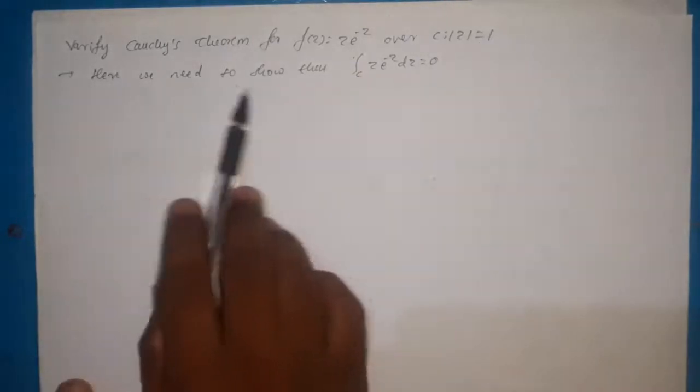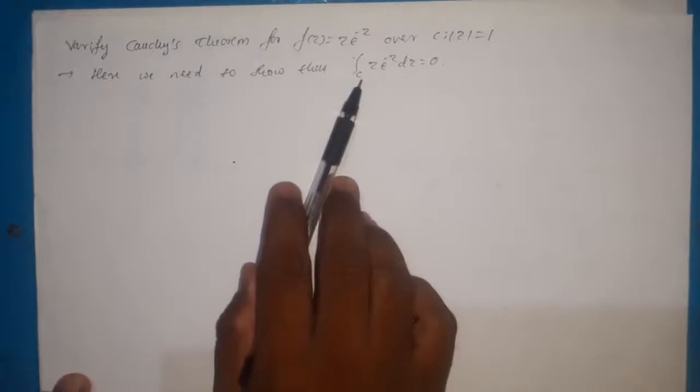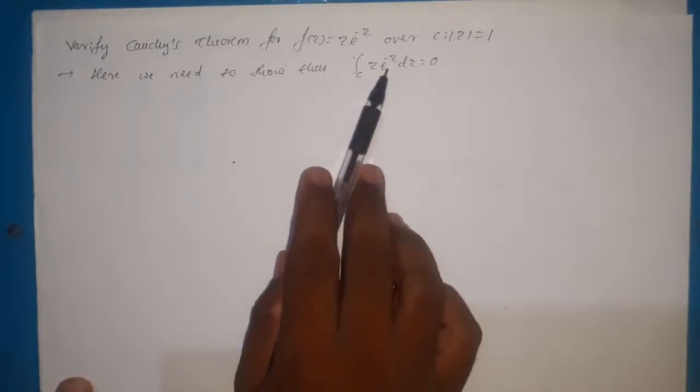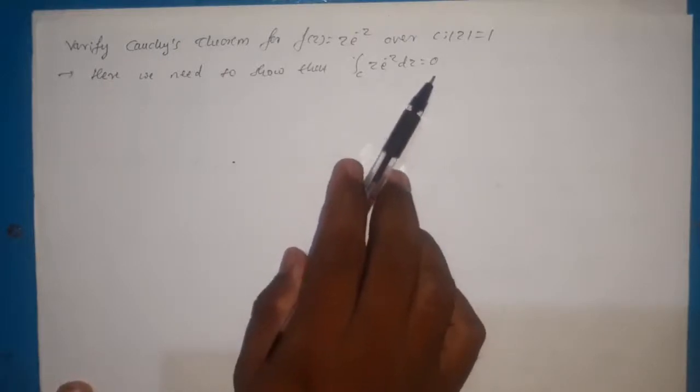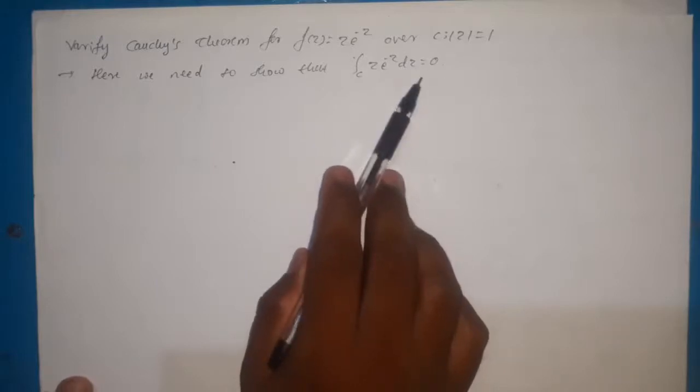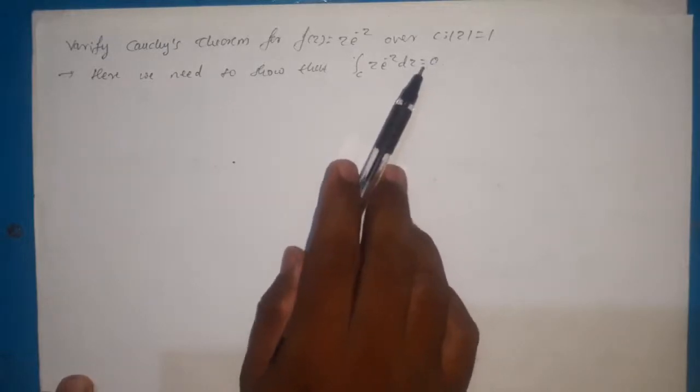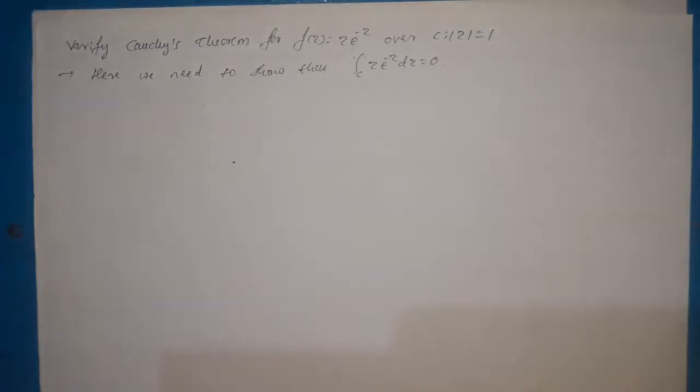So here we need to show that the integration over C of z e power minus z dz equal to 0 to verify the Cauchy's theorem. The given circle is mod z equal to 1, means the center of the circle is 0 and the radius is 1.